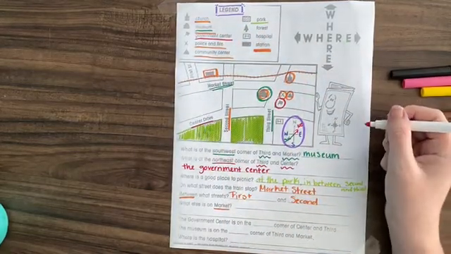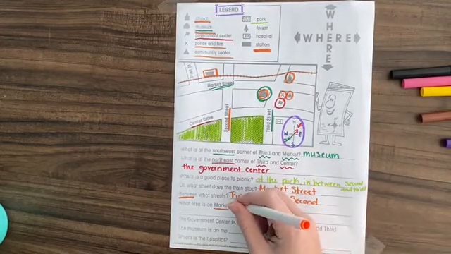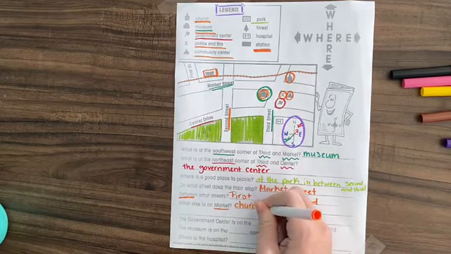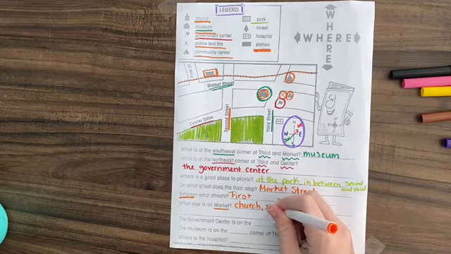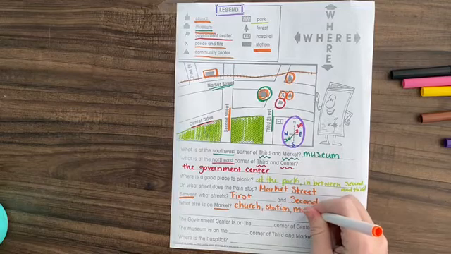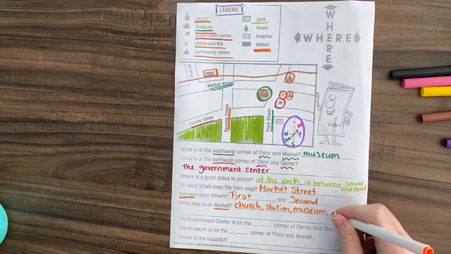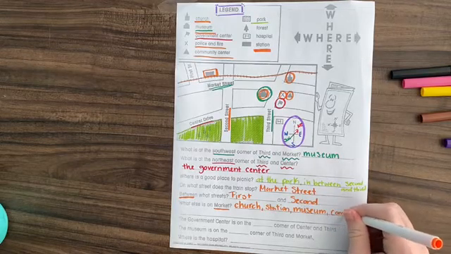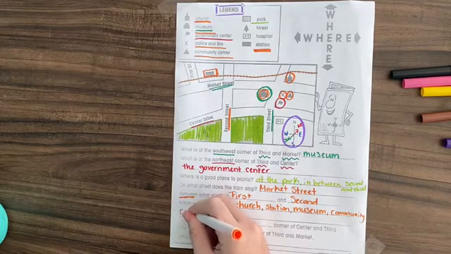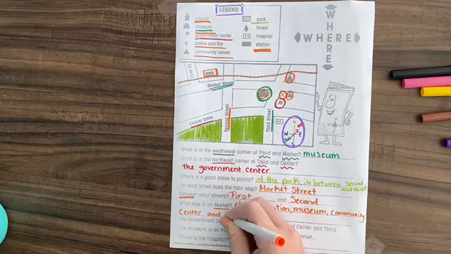That's a lot of things. So let's list some of them. You could have all of them. You could have just a few of them. So the church, the station, the museum, the community center, and the police and fire station.